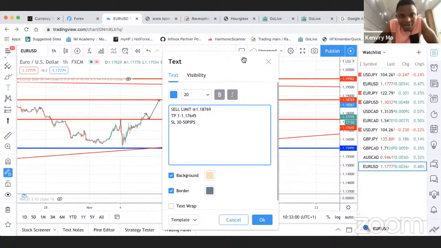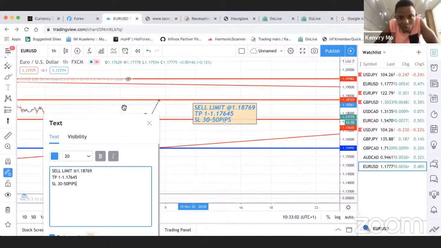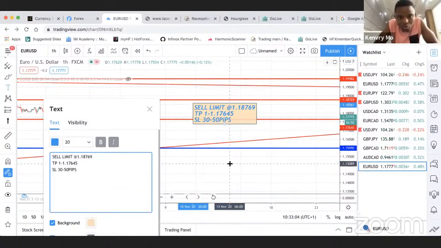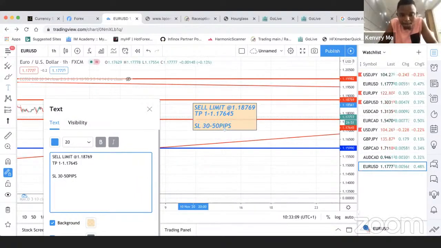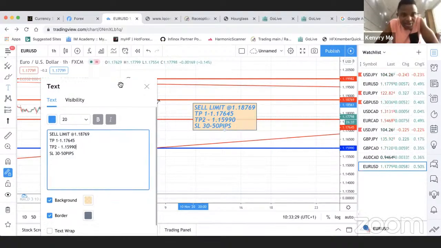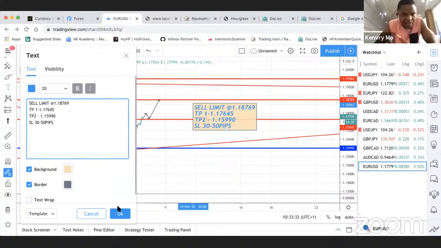So that is the sell limit and TP1. TP2, that's the floor, 1.15990. So that's our first trade idea for this same analysis.